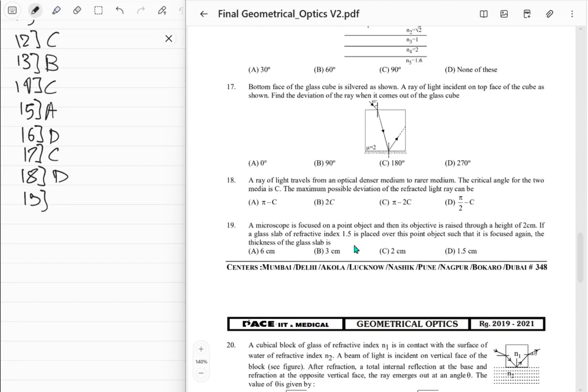And then its objective is raised through a height of... so what does it mean when a microscope is focused on? What kind of microscope is it, a compound microscope or simple microscope? It's objective. That probably means it's a compound microscope. Yeah. So what does it mean when it's focused at that point?